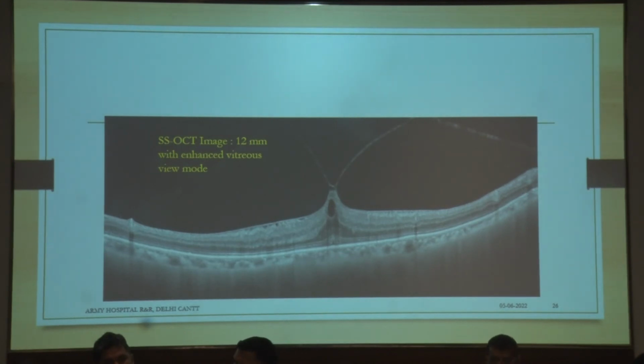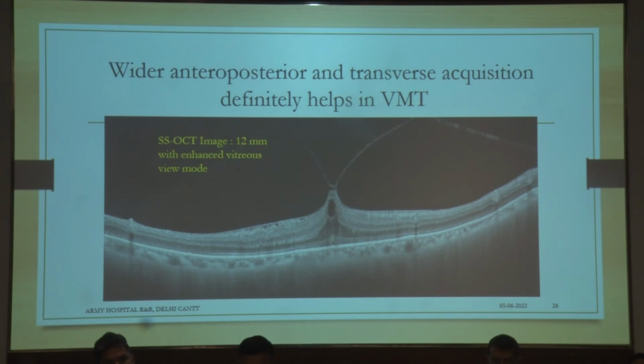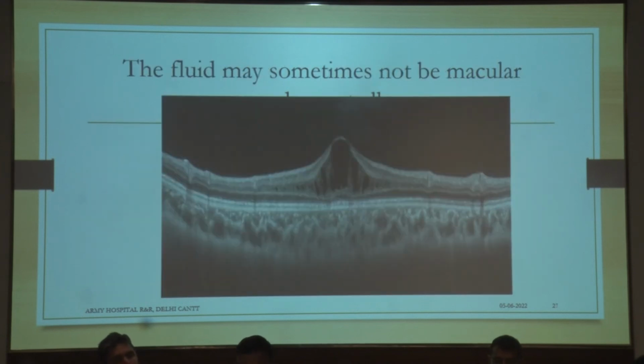This is what I said about swept source OCT, that it takes a 12 millimeter cut section with enhanced vitreous view mode. You can diagnose a case of a VMT straight away on swept source OCT. Sometimes fluid may not be because of macular edema. You see this picture, you say that it's a CME.